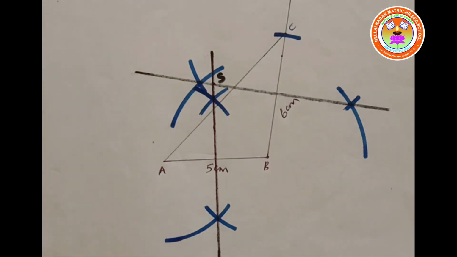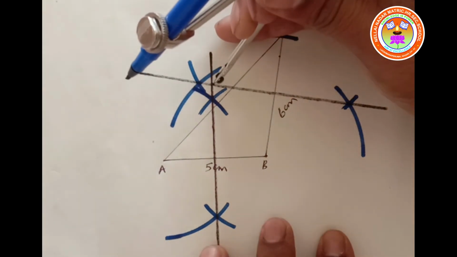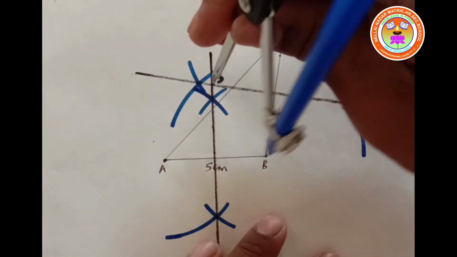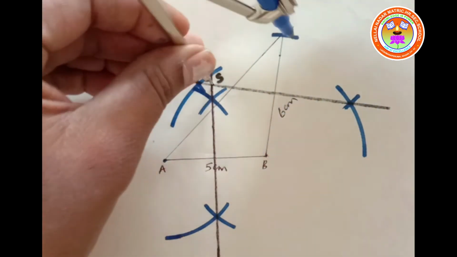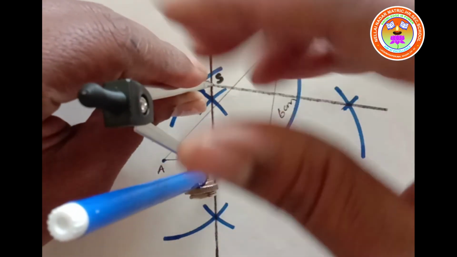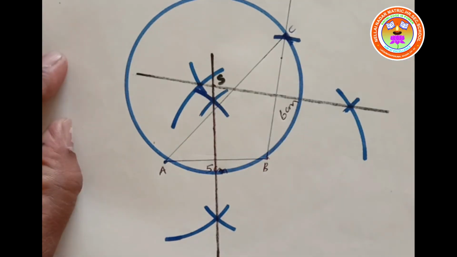Now S as center, draw a circle of radius SA equal to SB equal to SC. So with the help of compass, SA equal to SB equal to SC. It's clear, children? Draw a circle.